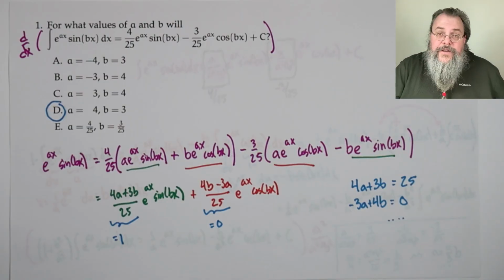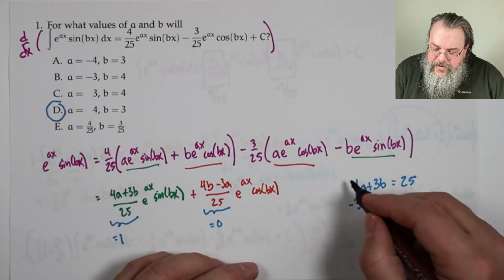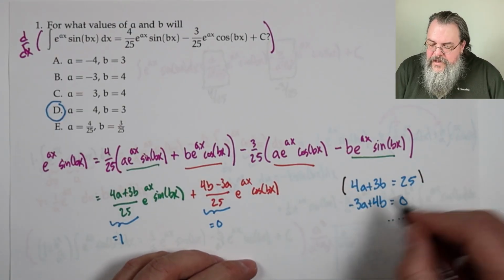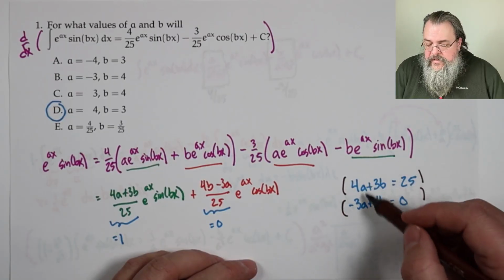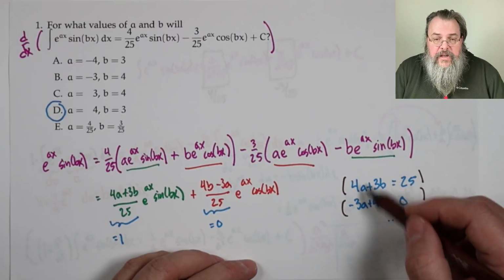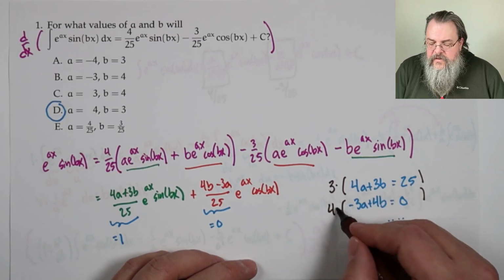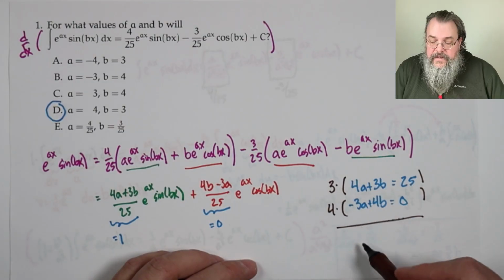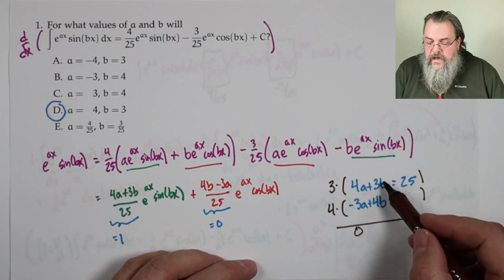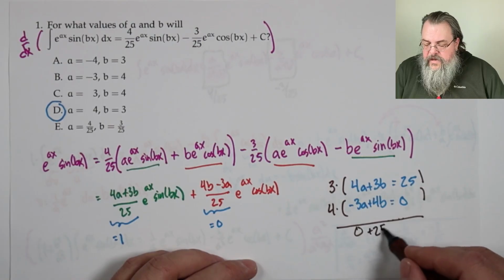Now, lest anybody accuse me of saying Steve doesn't like two equations, two unknowns, I will say here's how you would finish it up. Let's suppose we want to get rid of the a. I look at this and say I want to get the coefficients in a to cancel. I can do it by timesing the first equation by 3, second equation by 4. 12a minus 12a is 0. 9b plus 16b is 25b.